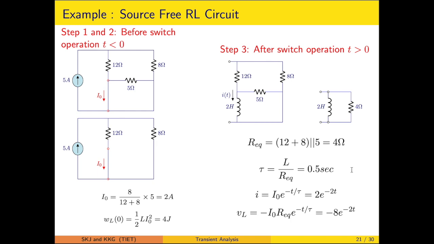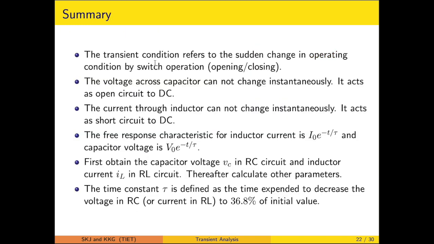Now it's time to put a summary. We can summarize that transient conditions arise when there is a switch operation. That switch operation can be the opening or closing of the switch. The free response characteristics are defined by I0 e to the power minus t upon tau for the inductor current in the RL circuit, and V0 e to the power minus t upon tau for the capacitor voltage in the RC circuit.